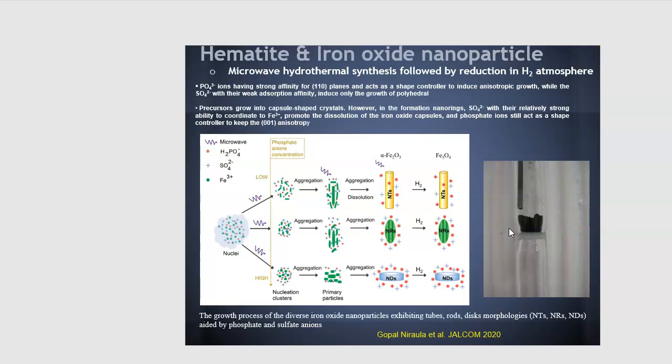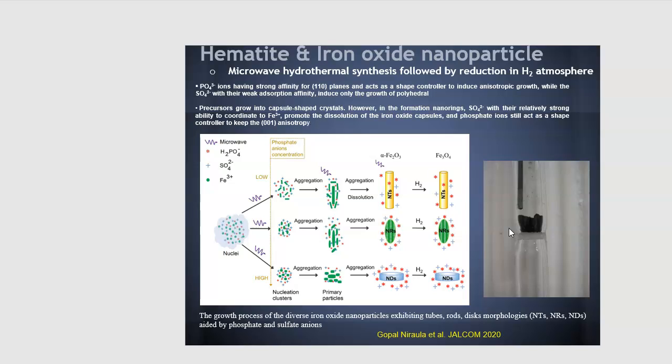This is the synthesis step, where you can see we prepared hematite nanoparticles using microwave hydrothermal synthesis. It's a very simple synthesis. We took iron chloride as a precursor, and sodium phosphate and sodium sulfate as additives.